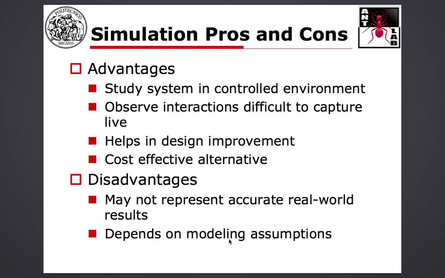We may have something which is not coherent with the proper operation when we actually deploy the sensor network in real life. And this is something that always happens with simulation. If you want a simulation which is simple, you have to have simplistic assumptions which may differ too much from real life.